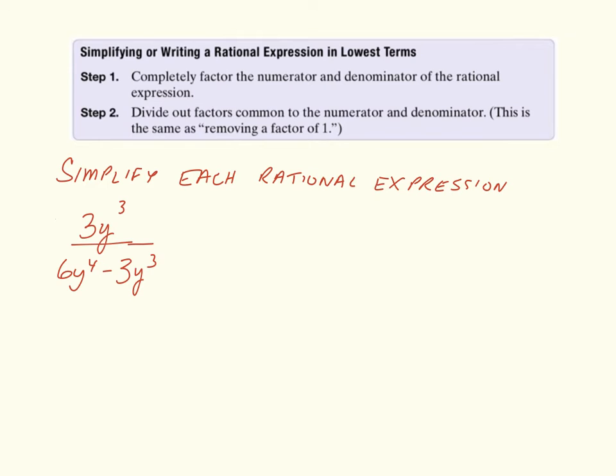So, look at the top. The top really is nothing but a 3 times y cubed. But look at the bottom. We can factor out a 3y cubed, and we will be left with a 2y minus what? 1.